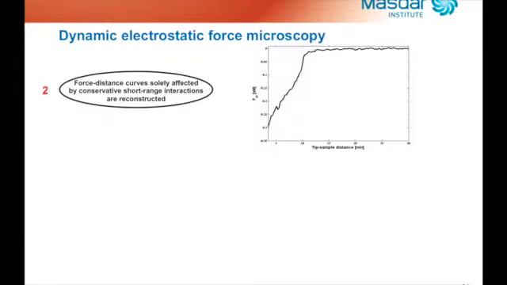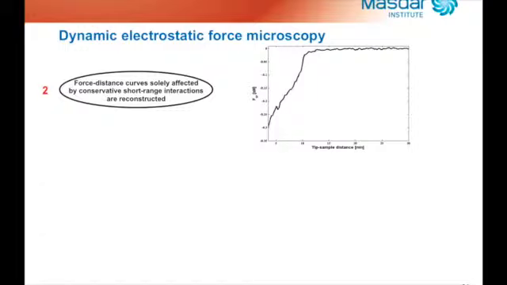The second step consists in recovering force-distance curves that are solely affected by conservative short-range interactions, and this is done by applying to the tip a voltage that is exactly the same as the work function difference between the tip and the sample.